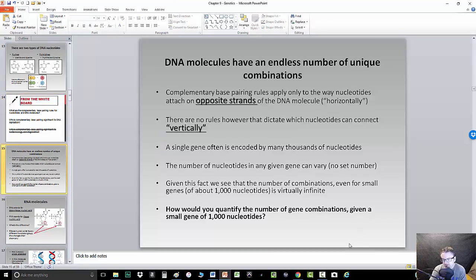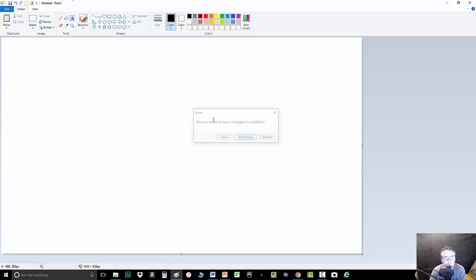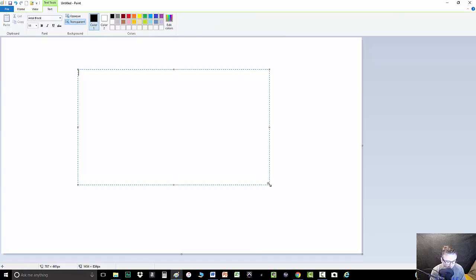So that's in a nutshell how DNA structure relates to the replication of it. Now let's talk about how the structure of the DNA creates endless variation, and let's talk a little more about the DNA. Let's go back here real quick and talk about the analogy I started using earlier. I said the genome of an organism is like a book, the chromosomes are like the chapters, and the genes are like the paragraphs or sentences.